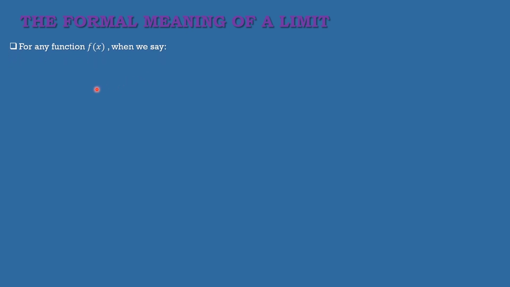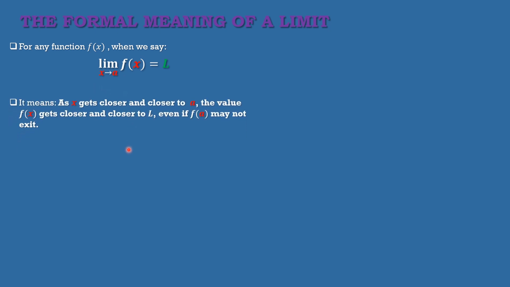Good. Now let's get to know the formal meaning of a limit. For any function f of x, when we say the limit as x approaches a of f of x equals L, what it means is: what is the behavior of f of x when x is getting closer and closer to a?